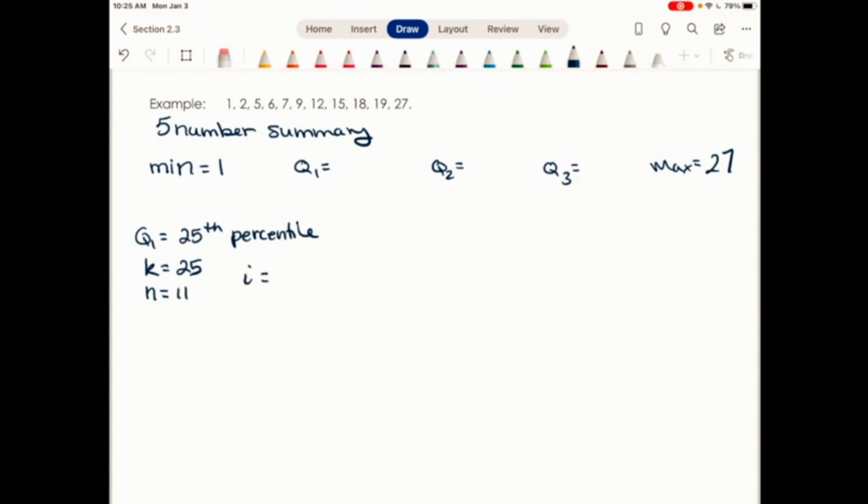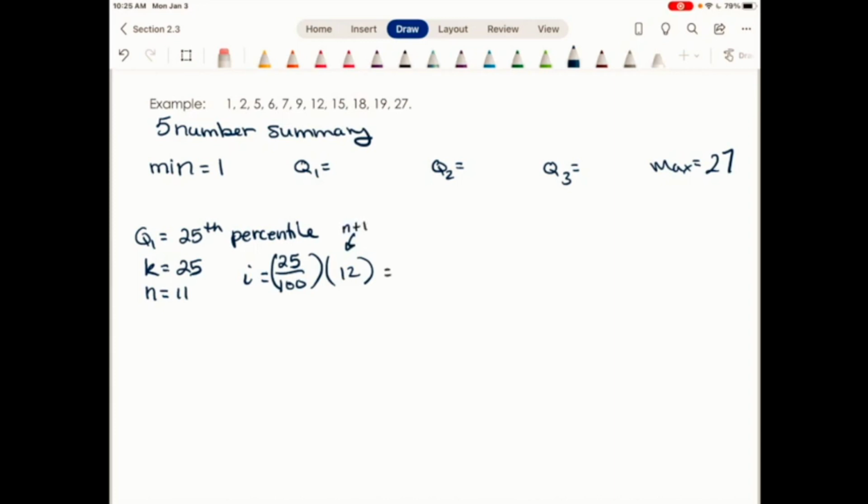So when I go to put this in to find the position in my data set in which the 25th percentile lies, I'm going to put in 25 over 100, and I'm going to multiply that by 12 because in our formula we take whatever N is and we add 1. So this is our N plus 1.